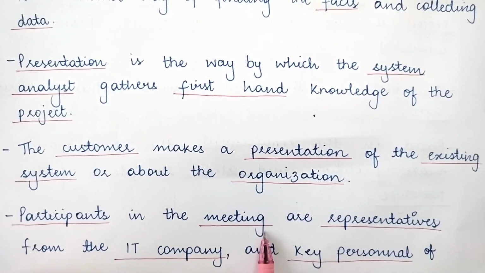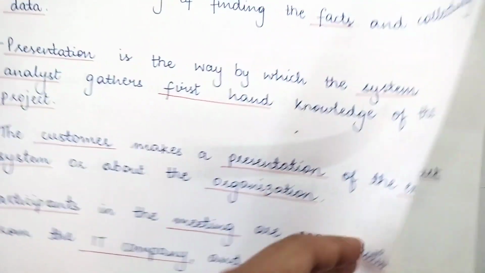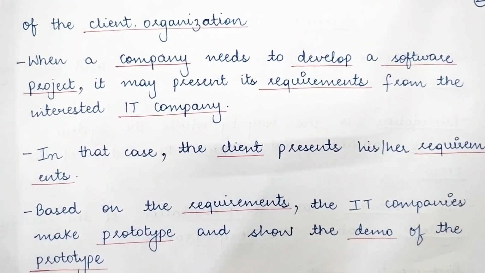Participants in the meeting are representatives from the IT company and key personnel of the client organization. So basically, who all are the participants in the presentation? See, there are so many people in the organization. It is not possible for each and every one to be there in the presentation, because you cannot have people beyond a certain number.